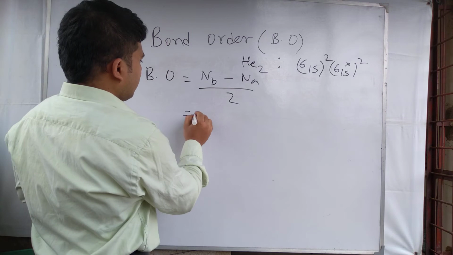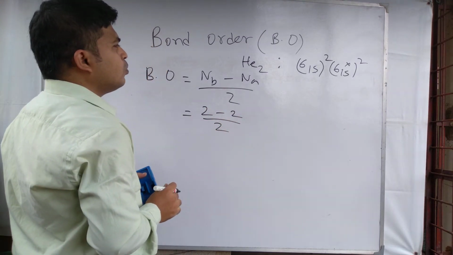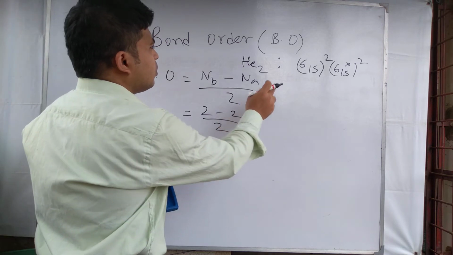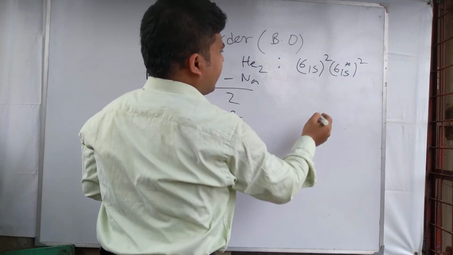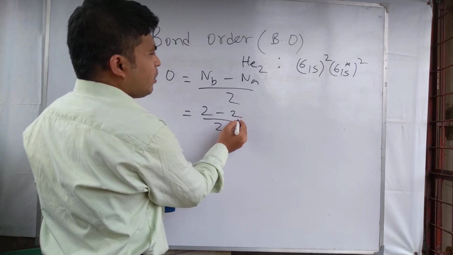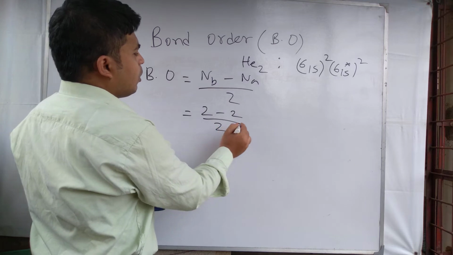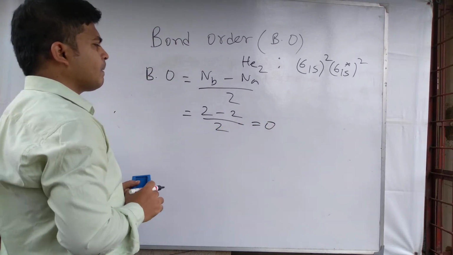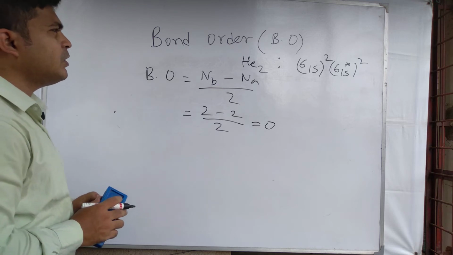So the bond order is (2 minus 2), because 2 electrons are in the bonding orbital and 2 electrons in the antibonding orbital, so the total is 0. So 0 is the bond order of the He2 molecule.